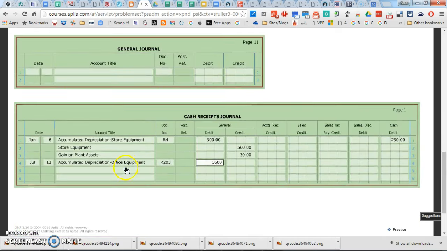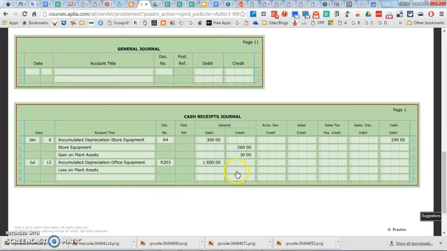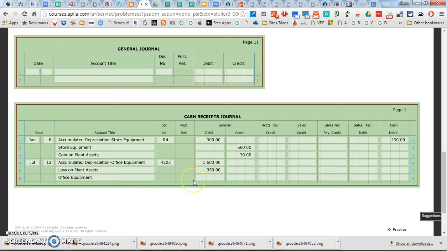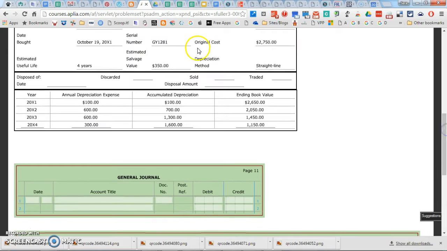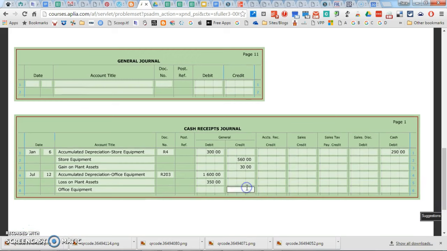So our loss will be next. So loss on plant assets. A loss is a debit, so $350. And then we sold office equipment. And so that, remember, is looking at this original cost, so $2,750 will be a credit. And our cash is what we actually received, so we received $800.